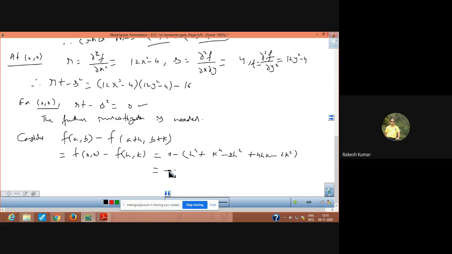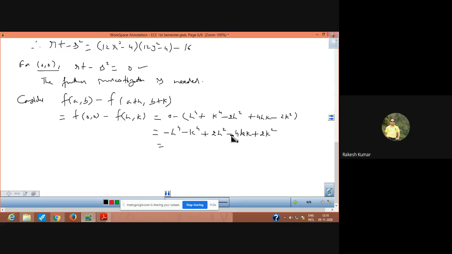Together with the negative sign, we will have minus h^4 minus k^4 plus 2h^2 minus 4hk plus 2k^2. In this term, 2 is common, and the remaining term is (h minus k) whole square. And for these two terms, we shall have a negative sign common, and inside is h^4 plus k^4. Adjustment of terms you have to do here.